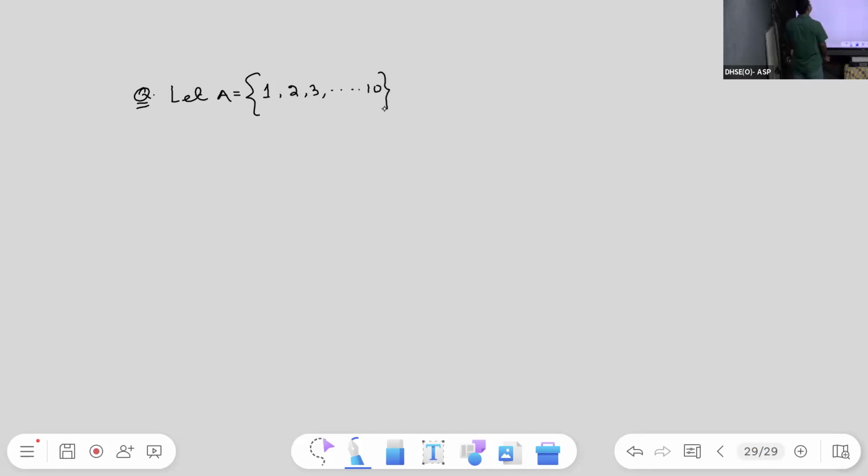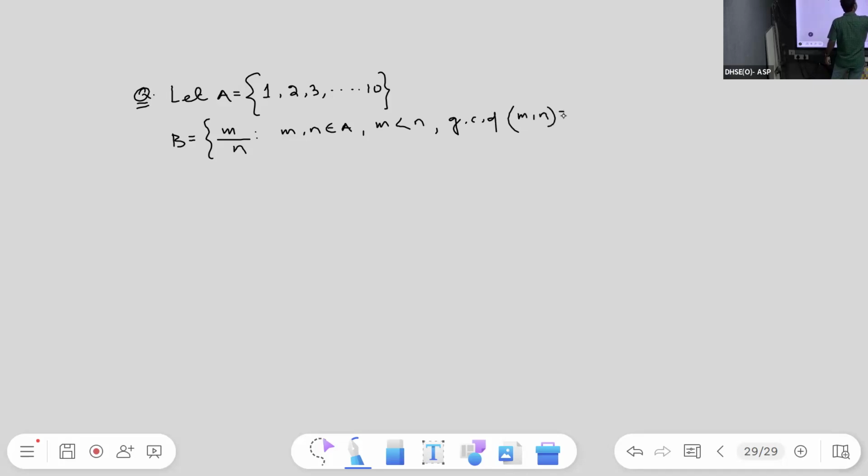And the set B is defined as the set of all m by n such that m, n belongs to A and m is less than n, and GCD, the greatest common divisor of m and n, is equal to 1, that is, m and n are relatively prime.